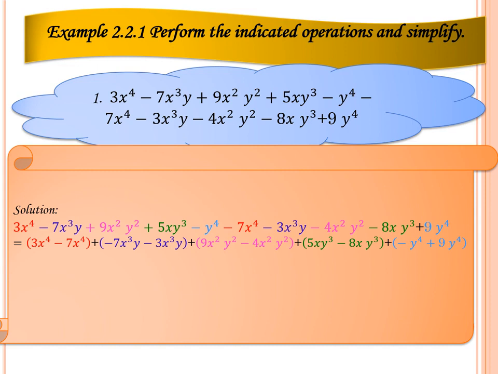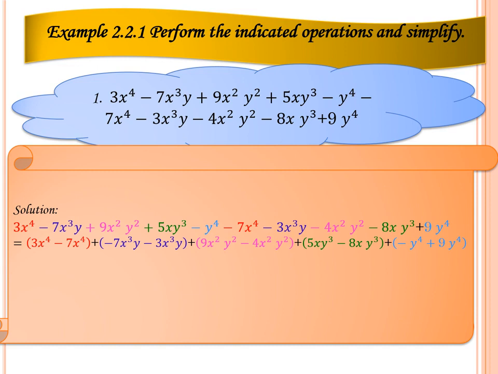To do that, i-combine or i-grupo lang natin yung mga like terms or pareho ng literal coefficient. So kung napapansin natin, sa 3x to the power of 4 and negative 7x to the power of 4, yung kulay red, they have the same literal coefficients. So meaning, sila yung i-grupo natin.